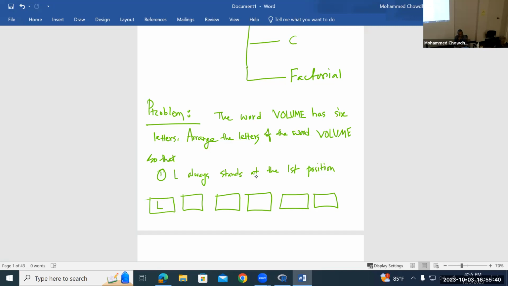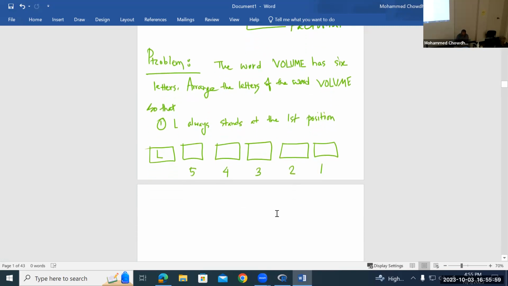Second box is 5, third box is 4, fourth is 3, 2, 1. You understand this? So that means here there are 5 letters, 5 permute 5, which means factorial 5 over factorial of 5 minus 5, which is equal to factorial 5 over factorial 0, which is equal to factorial 5. That is 120, right?